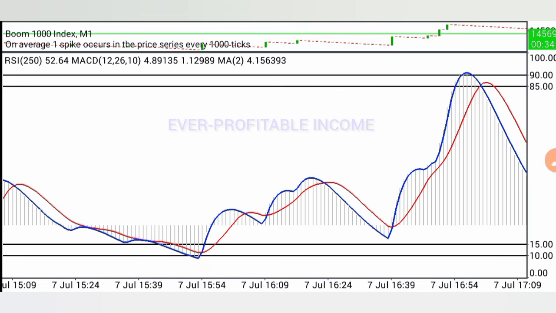Note something: the moving average is going to hit level 10 first, but the MACD will still be a bit far away. So you have to wait until the moving average and the MACD intercept. When that interception occurs, that is when you hop into the trade and wait for the spike to happen.